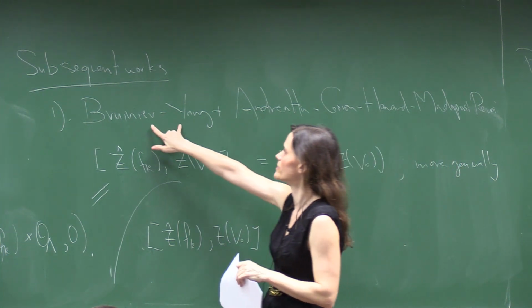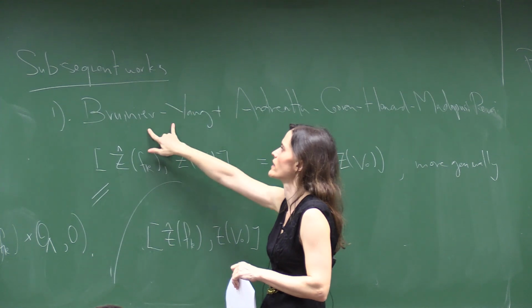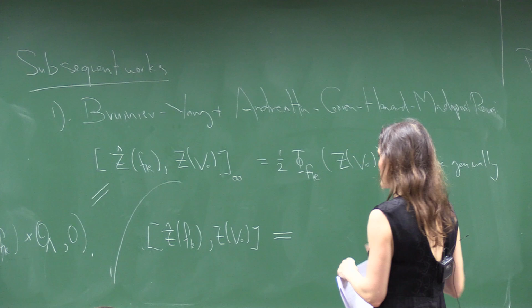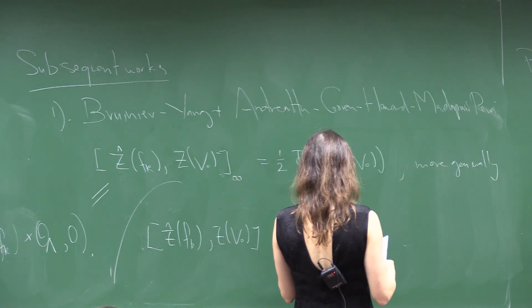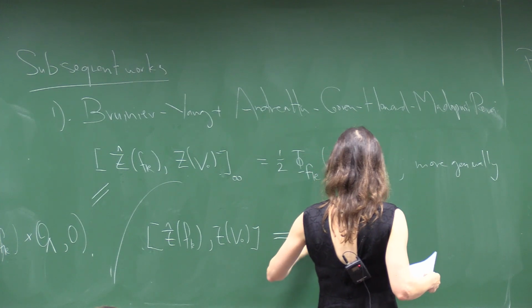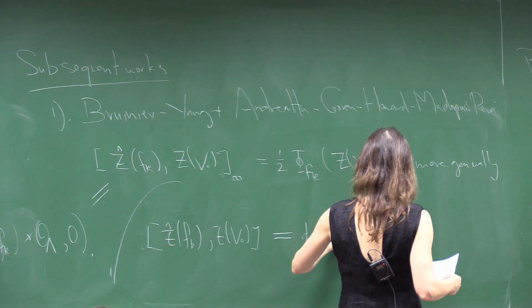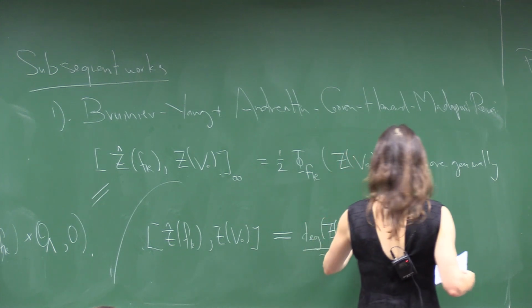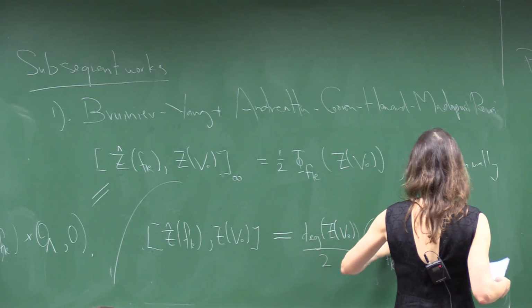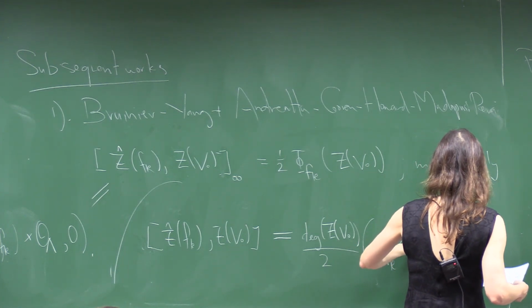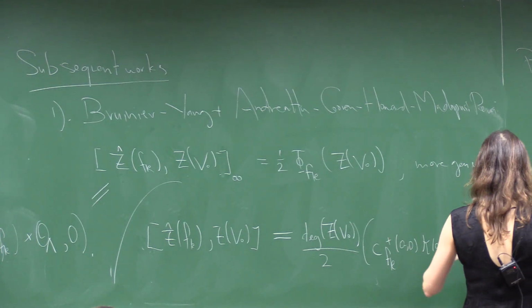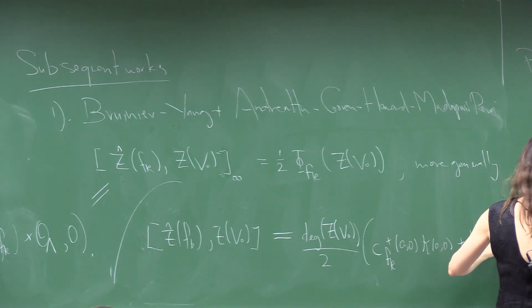so Bruinier-Yang computed for the Archimedean case and conjectured for the non-Archimedean case, and then Andreatta et al. proved in important special cases that this would be given by the degree of the zero cycle divided by 2, times the constant coefficient, which again you can take to be 0 if you like, times the constant coefficient of the Eisenstein series that appears there, plus this central derivative value.